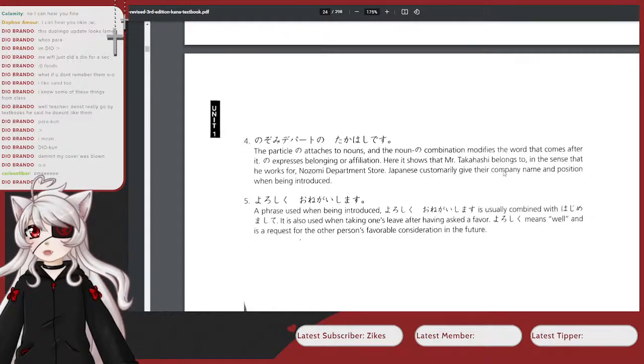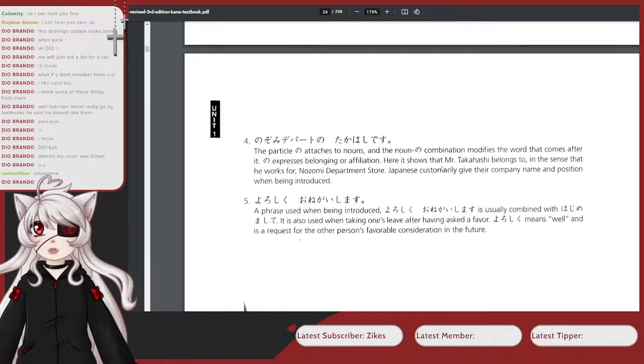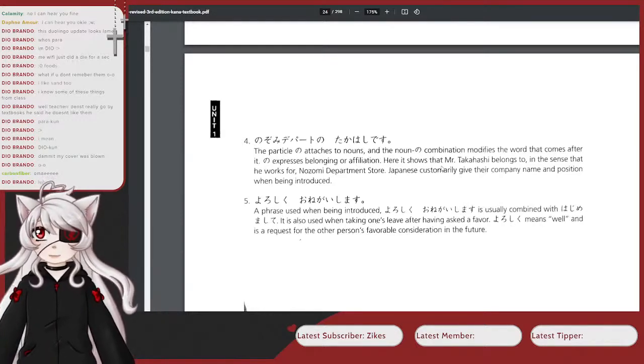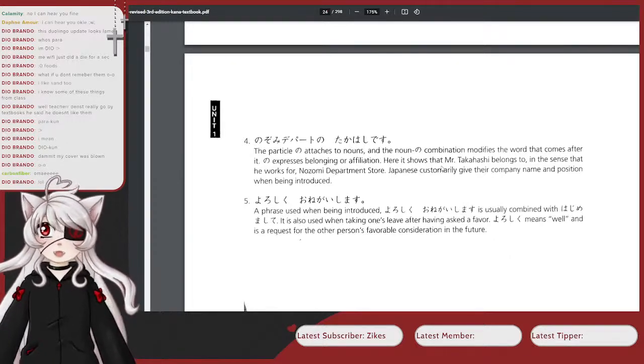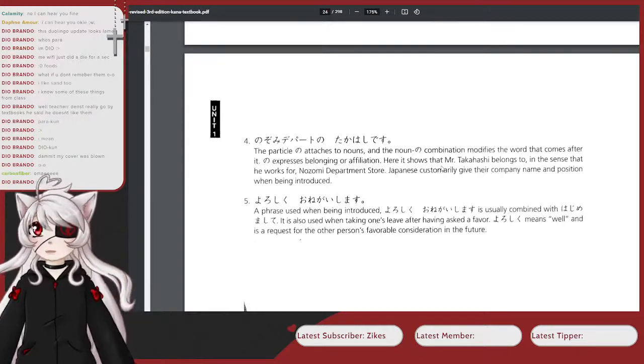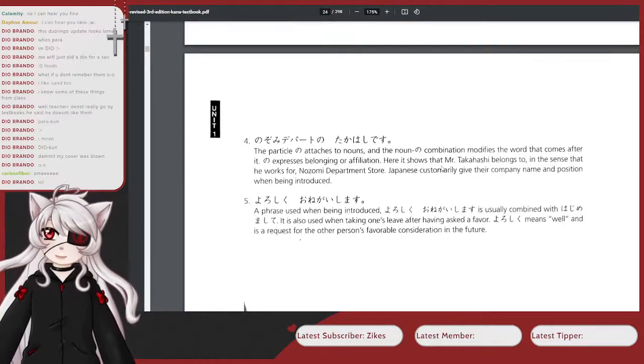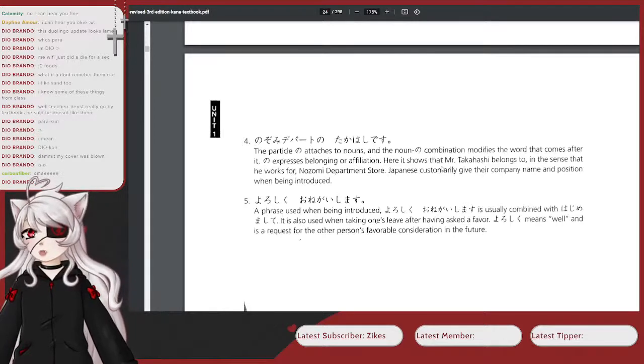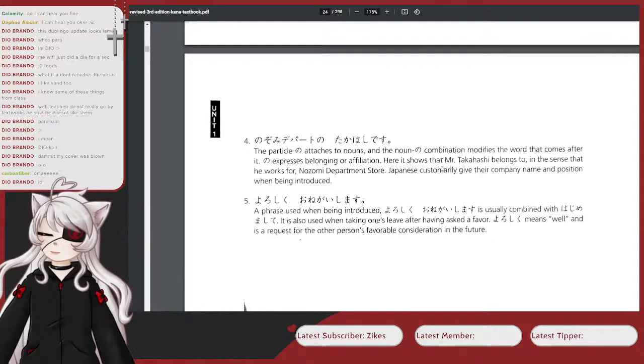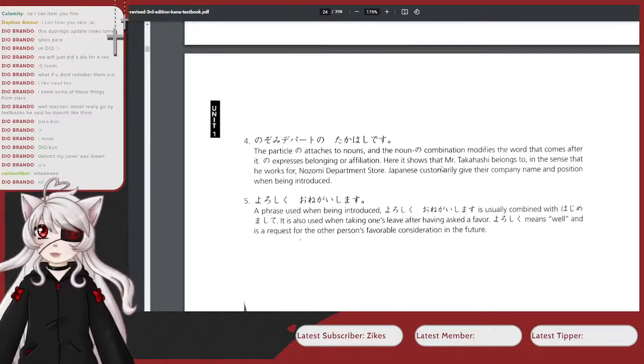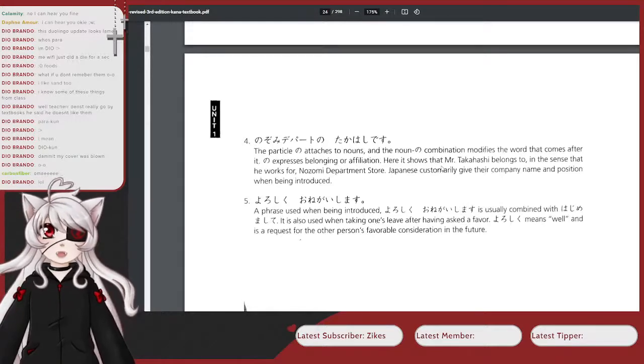Japanese customarily give their company name and position when being introduced, which is why, if you ever watched any of the Japanese VTubers, they will often introduce themselves, even if it's obvious, as being Polka of Hololive Productions, or Kuzuha of Nijisanji. They will often say the company that they are with.